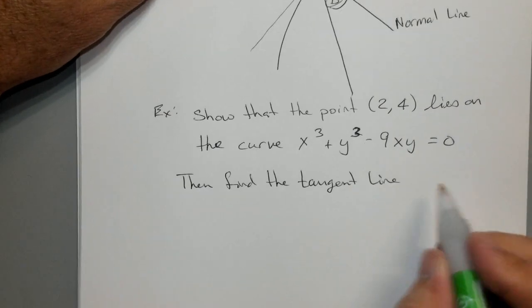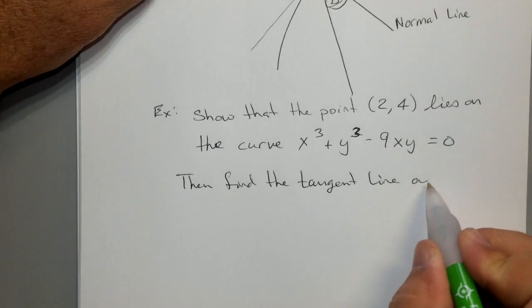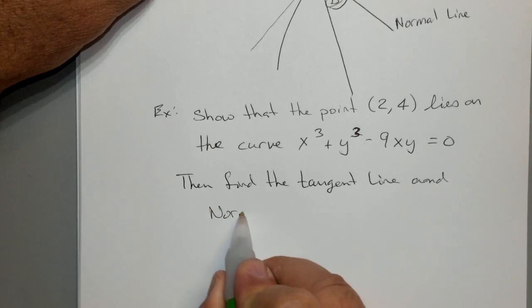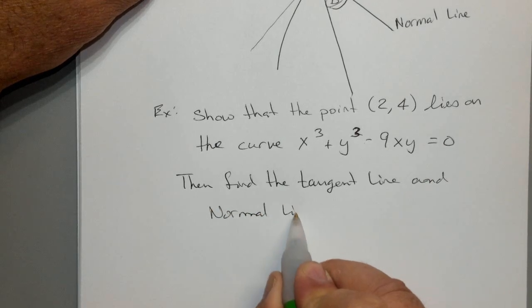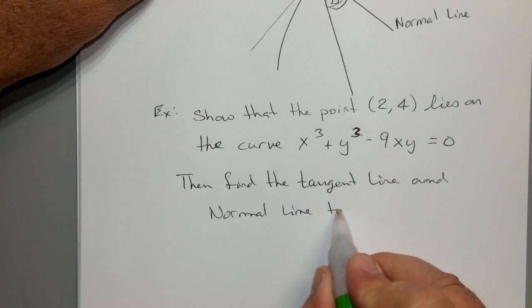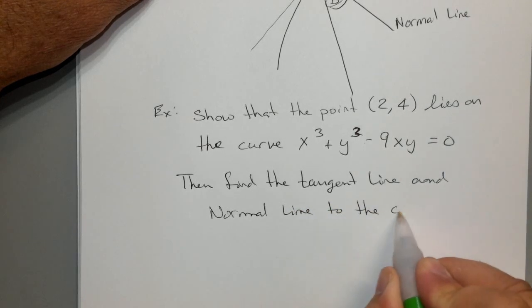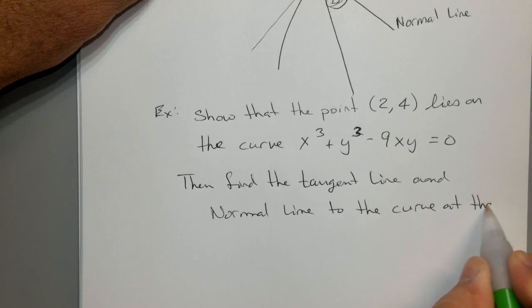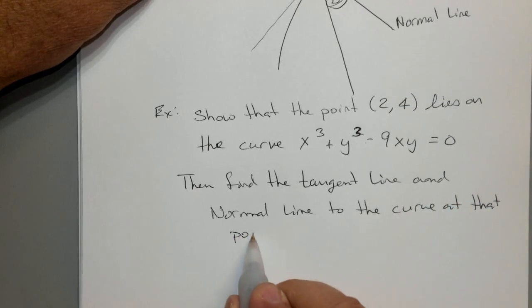Then find the tangent line and normal line to the curve at that point.